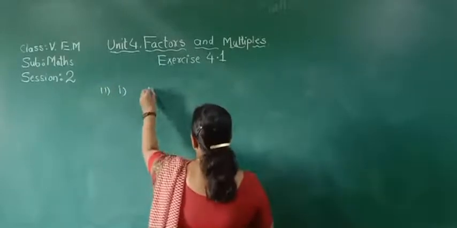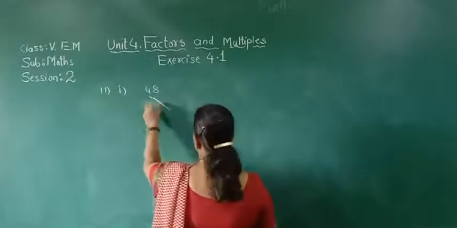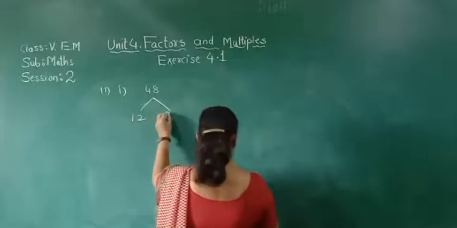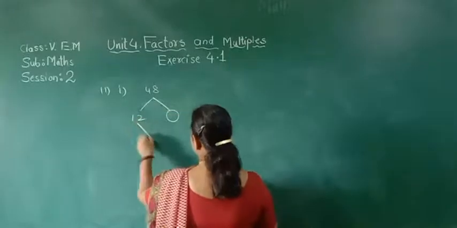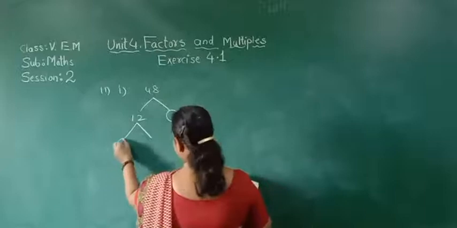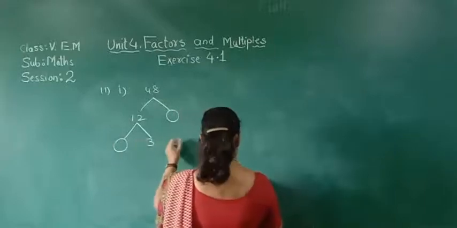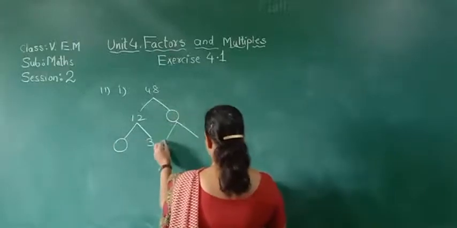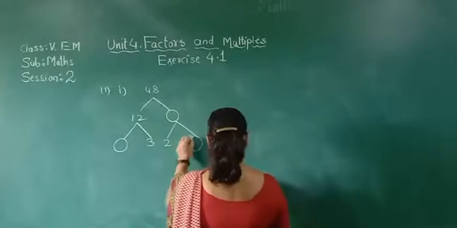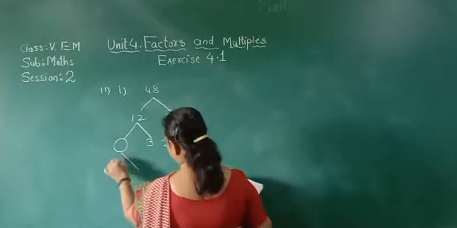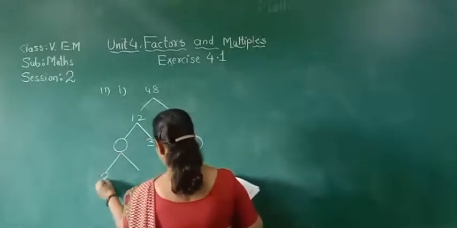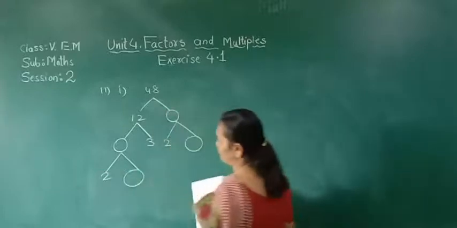Here 48 is given, where here is 12 and this is blank. Then here 12, here is blank and 3 is given. Then this side, here 2 is given and this side blank. Then again from here 2 is given and this one is blank.